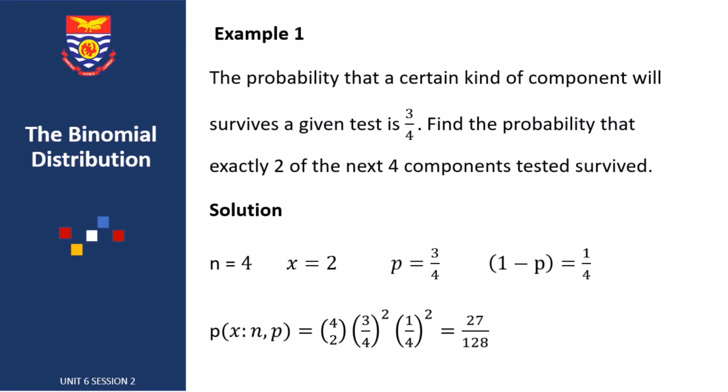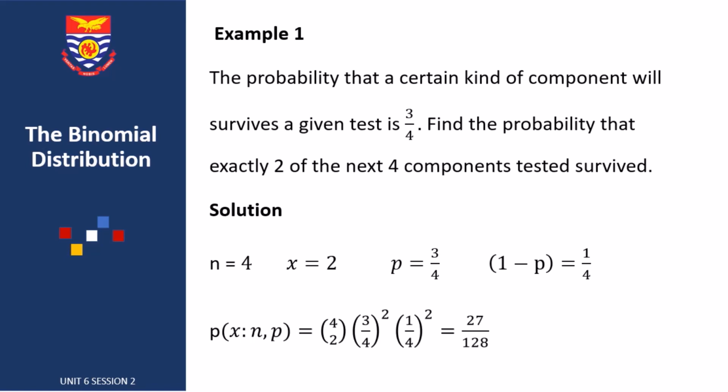Find the probability that exactly 2 of the next 4 components tested survive. Here we have 2 outcomes. The component surviving is 3/4, so the component not surviving will be 1/4, that's 1 minus success.